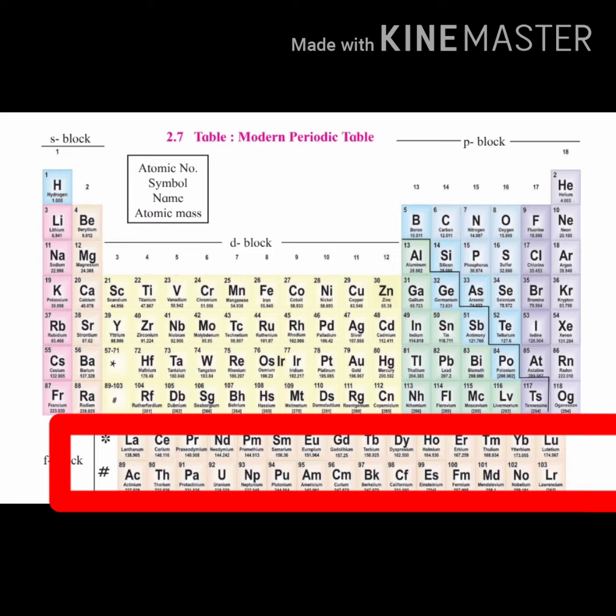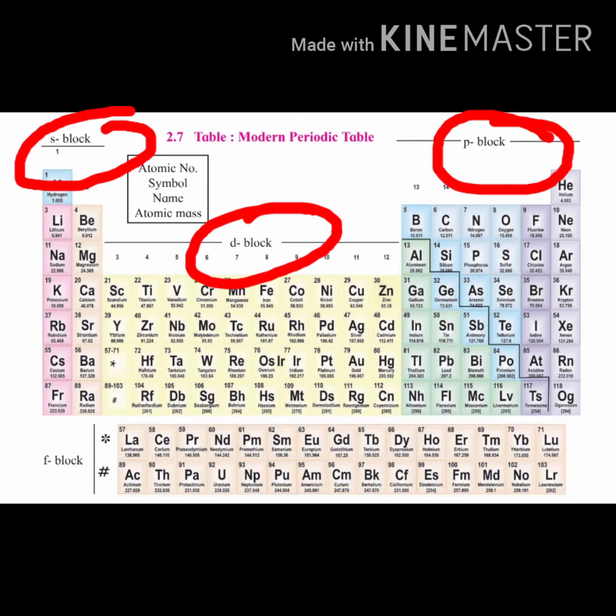Now the entire periodic table is divided into 4 blocks: S block, P block, D block and F block. The S block consists of the first and second groups, the first two columns that you are seeing.